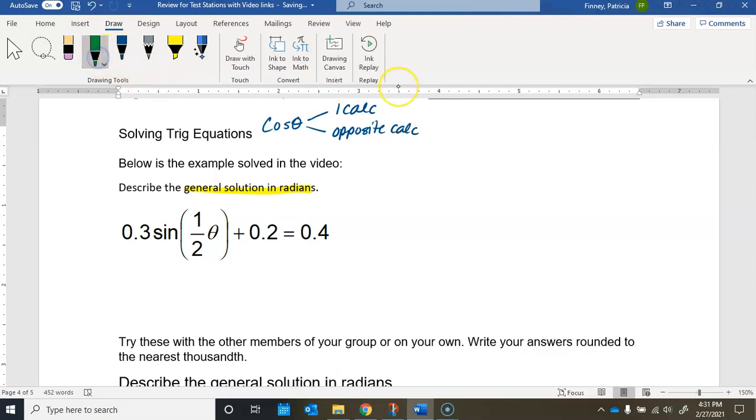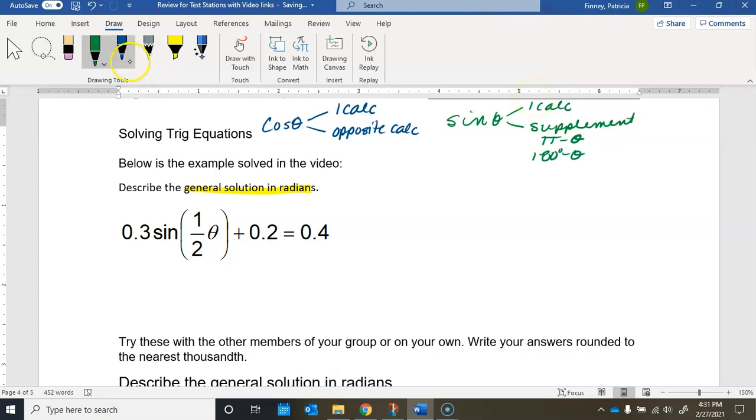When we solve for sine, we have two answers. One we get from the calculator, and the other is the supplement of that. So that's either pi minus our angle or 180 degrees minus our angle, depending on what it is.